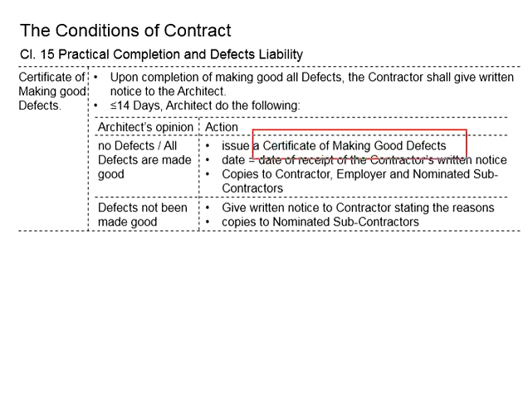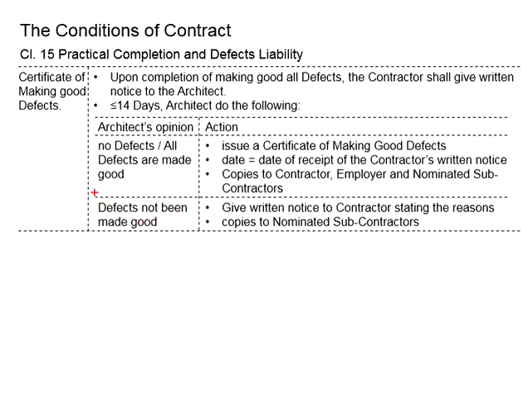The date of this certificate will be the date when the architect received the contractor's written notice about completing the relevant works. This certificate of making good defects will be sent to the contractor, CC to the employer and the nominated subcontractors. That means everybody is informed regarding the completion of the rectification work.